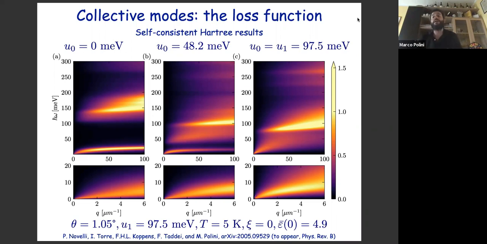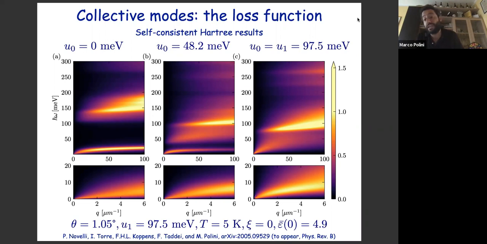I like this paper by, I think, Paco, who was probably the first in 2012 to speculate that you can view these bands as stemming from an electron moving in a background scalar and non-abelian gauge field. So U1 is responsible for this non-abelian contribution, and U0 is instead responsible for the scalar one.